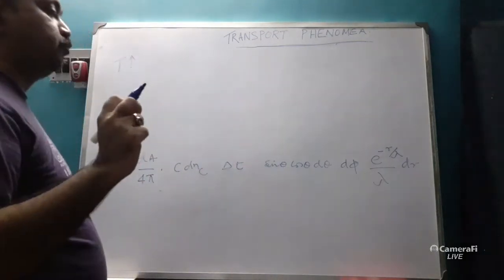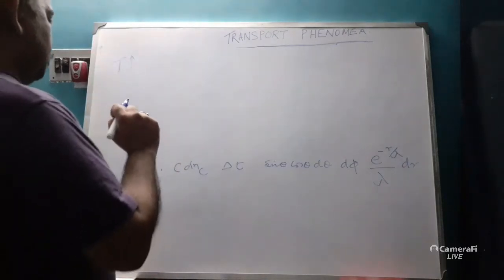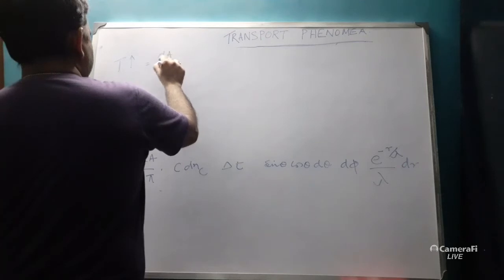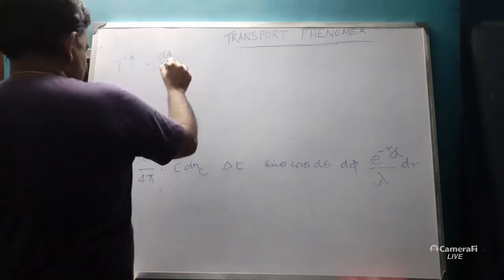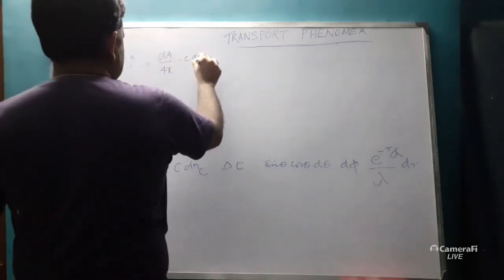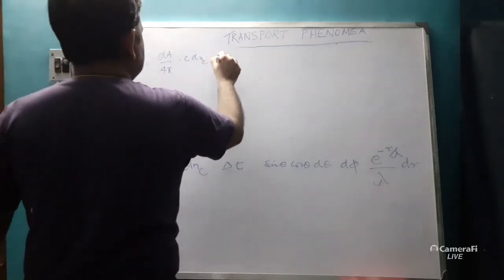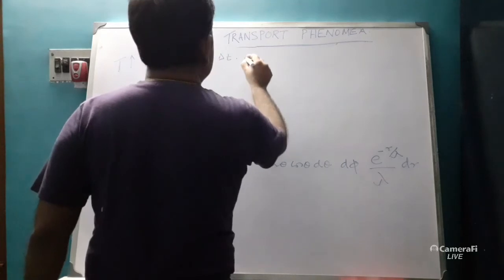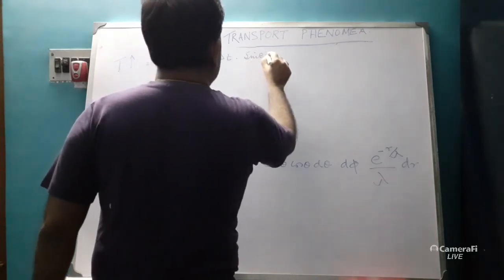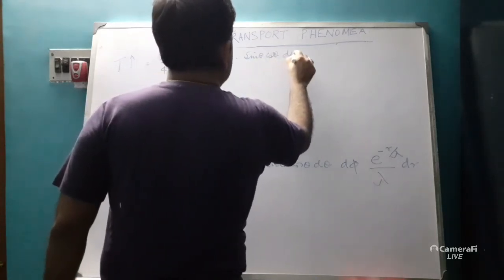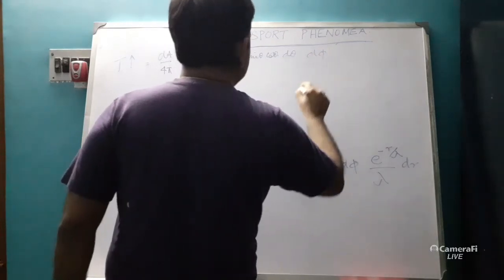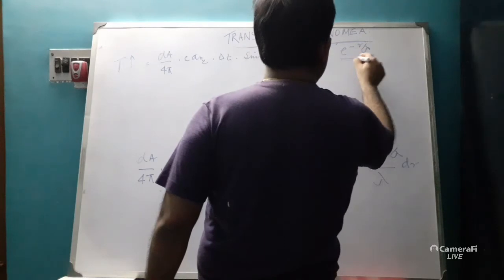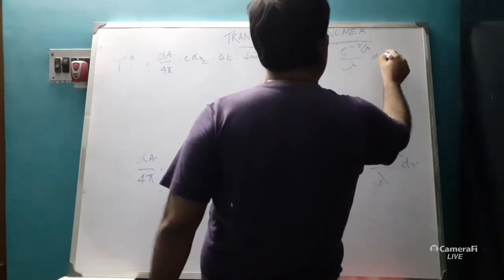Remember the point P1, we considered that it was at the top, so we can write T top equals dA by 4 pi, c dNc, then we write del T, then sin theta cos theta d theta d phi, e to the power minus r by lambda dr.